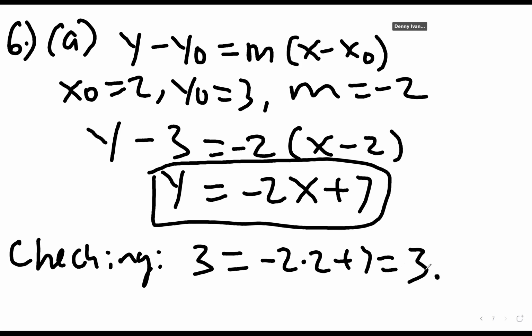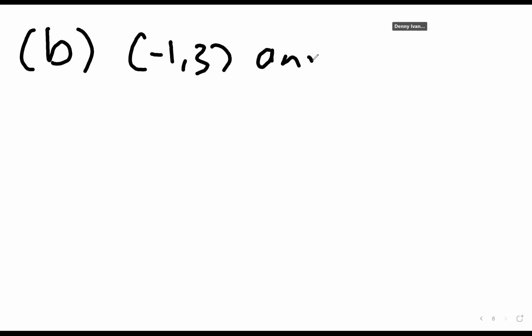Okay, so that's the equation of the line given a point on the line and also the gradient. The next one, in 6b, we are given the following condition. The line passes through 2 points. The first one is minus 1, 3, and the second one is 2, 5.